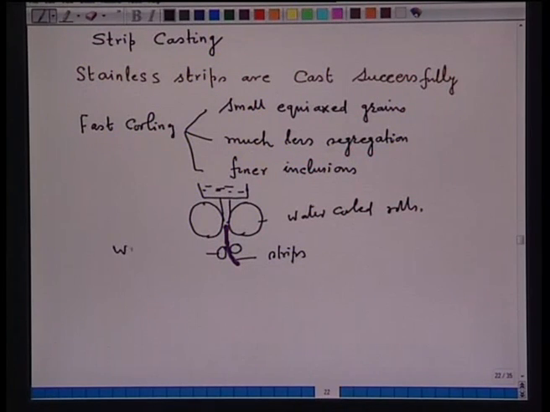These are the withdrawal rolls. This strip goes, you have the backing rolls, and then it directly goes to the cold rolling mill.